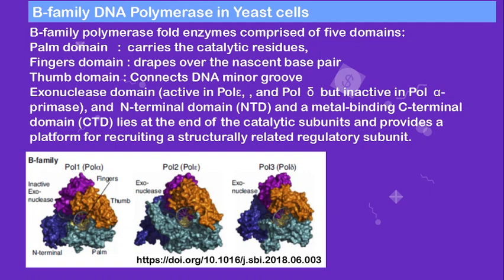Then there is an N terminal domain, NTD, and a metal binding C terminal domain, CTD, which lies at the end of the catalytic subunits and provides a platform for recruiting a structurally related regulatory subunit. So these are the B family DNA polymerases: polymerase 1, also called polymerase alpha, DNA polymerase epsilon and DNA polymerase delta.